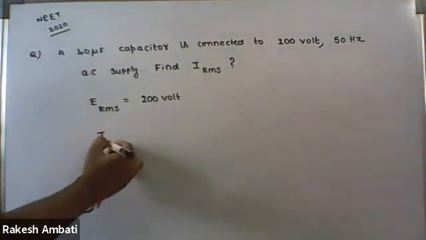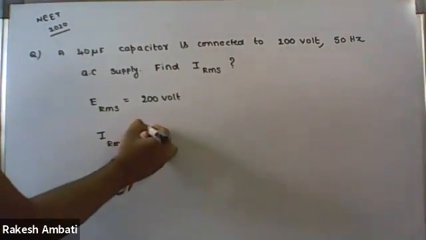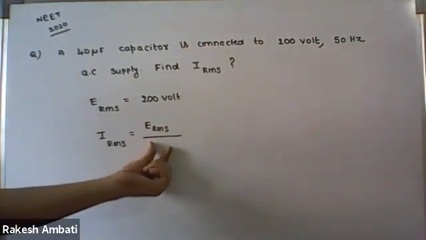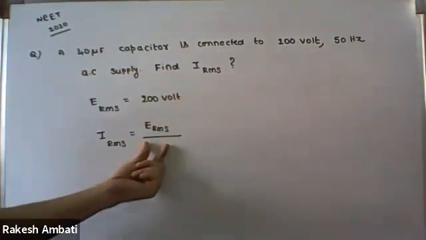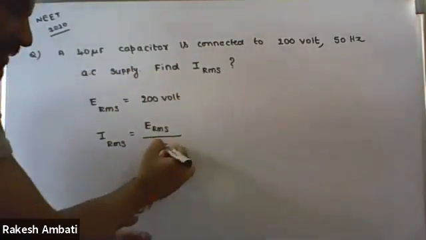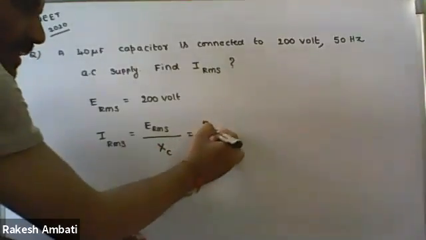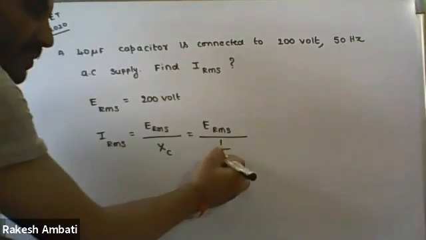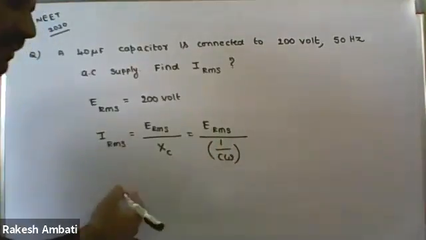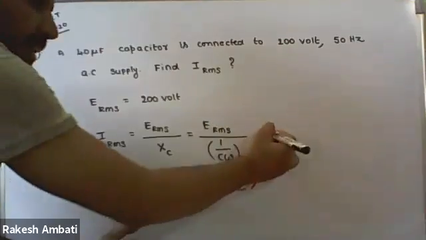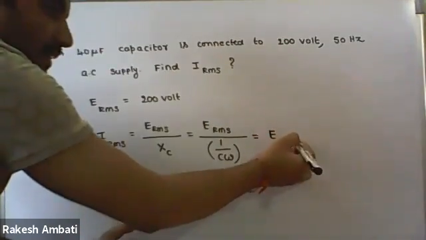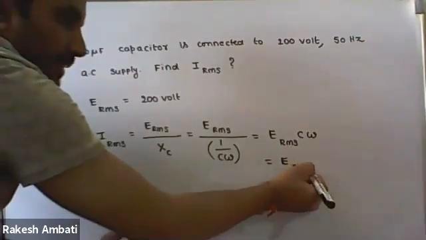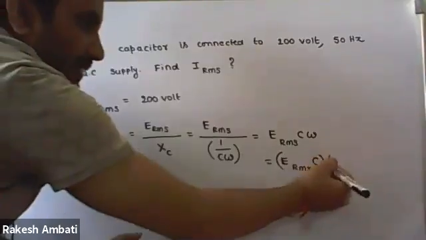According to Ohm's law, IRMS equals ERMS upon, in place of resistance in a capacitive circuit, what do we have to take? XC. That implies ERMS upon XC, and what is the formula for XC? 1 by C omega, so C omega goes to the numerator. Now we have ERMS into C into omega, where omega means 2 pi f.